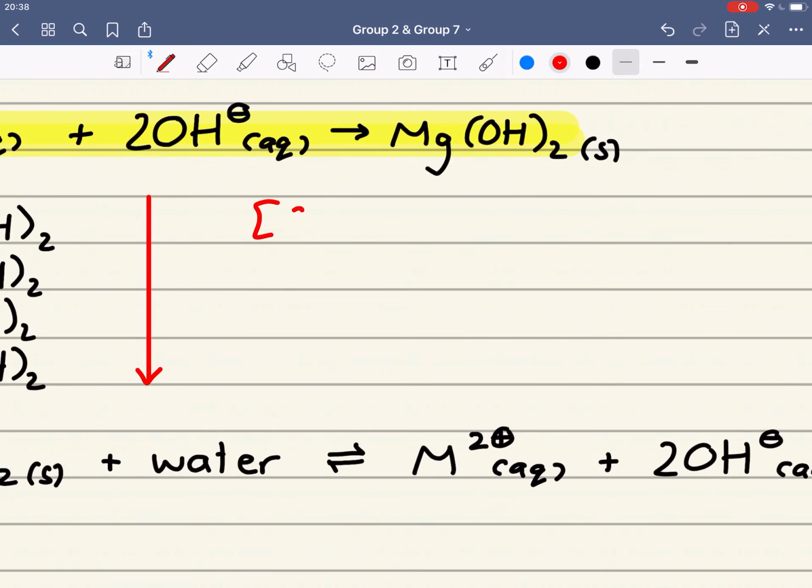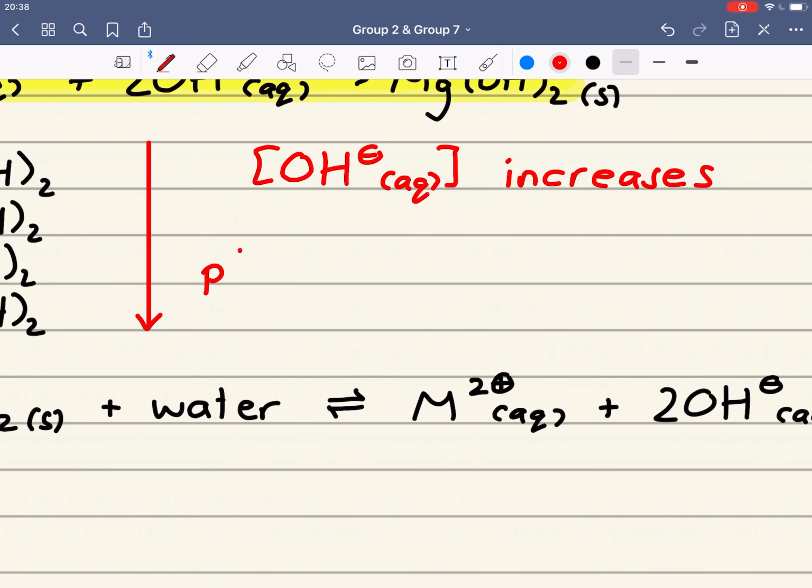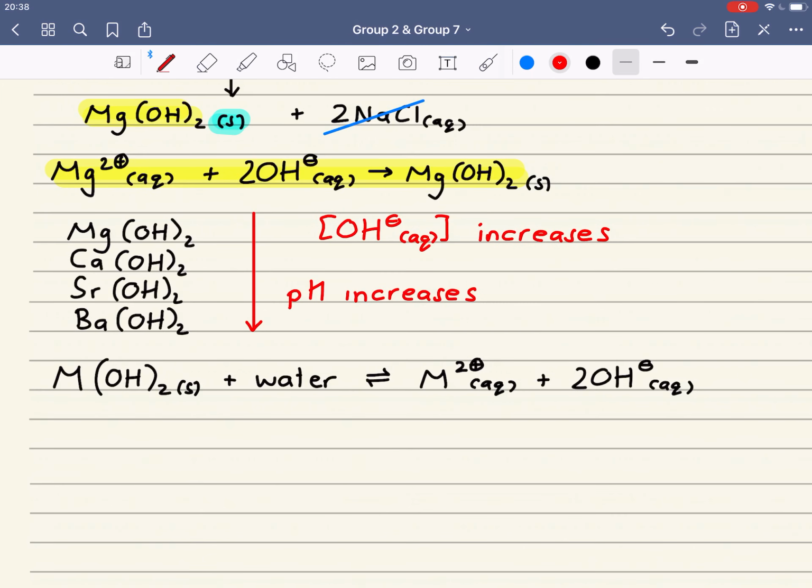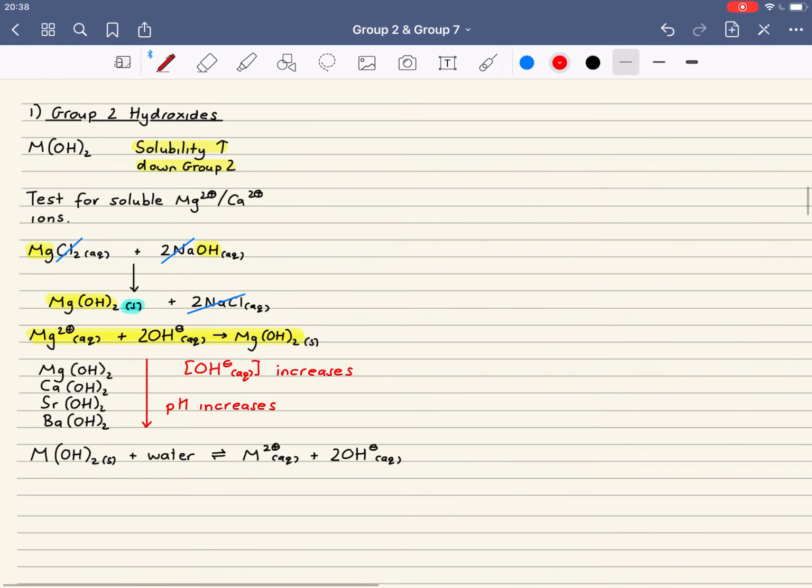And because of that, the pH of the solutions increases as you go down group 2. The higher the hydroxide ion concentration in solution, the higher the pH of the solution. And that's something that you would learn about in acids and bases. So that's group 2 hydroxides.